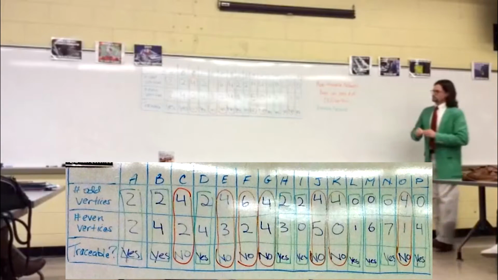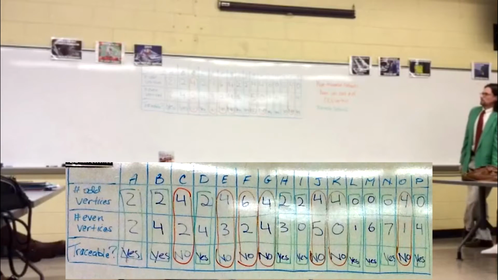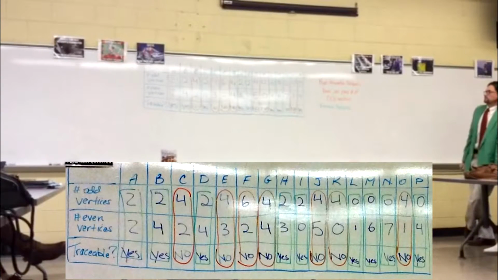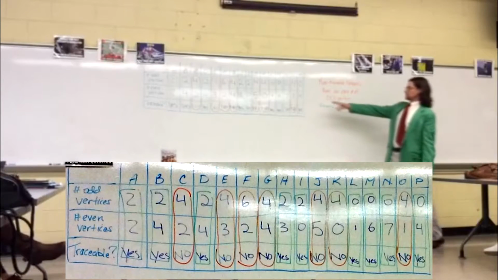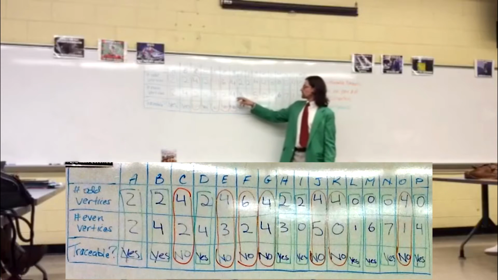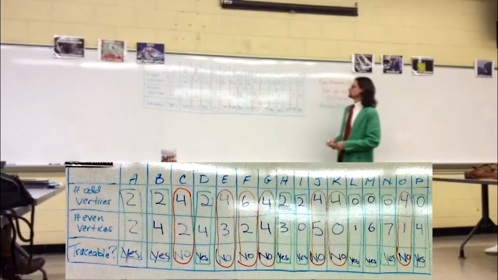Traceable networks, let's see. Even number of odd vertices. Again, do the even vertices tell you anything? Did we get a consistency in the even row? 4, 7, 6, 1, 0, 3, 4.